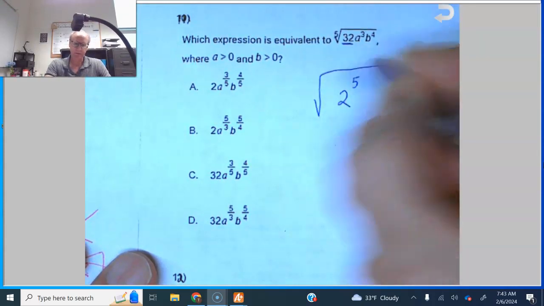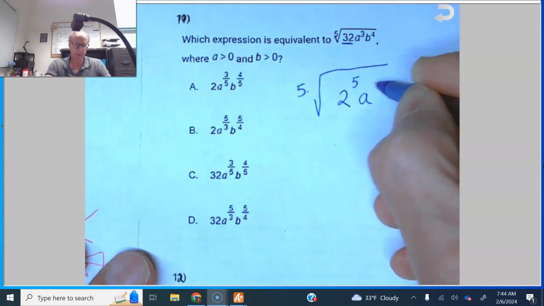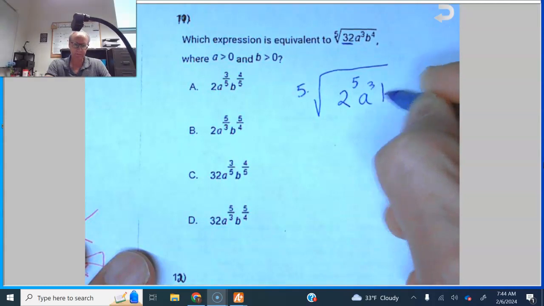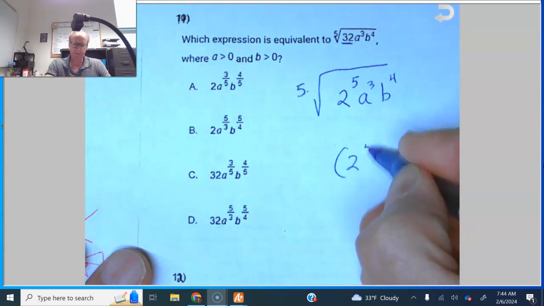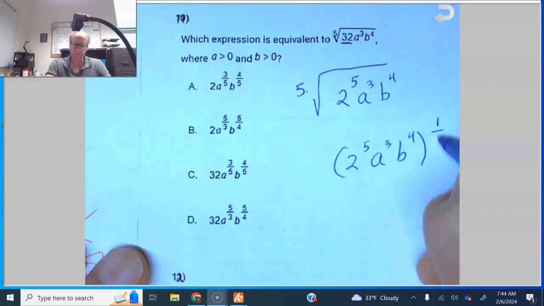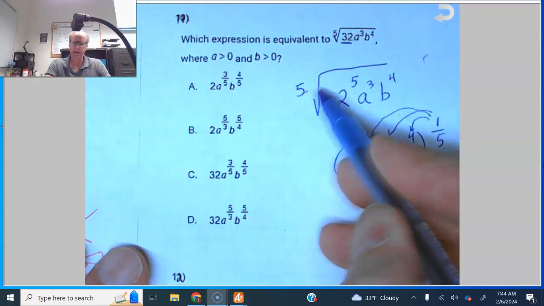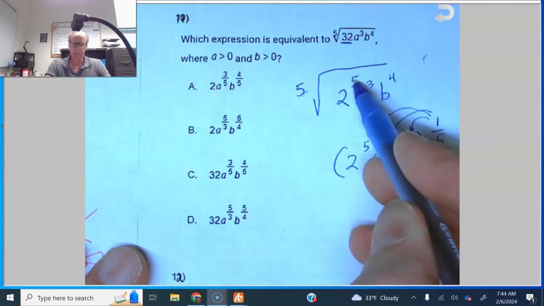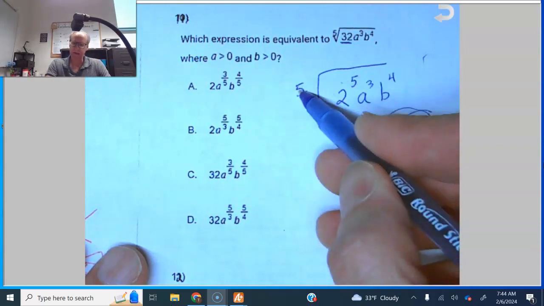This is the 5th root of a to the 3rd, b to the 4th, and this is equivalent to 2 to the 5th, a to the 3rd, b to the 4th, all to the 1/5 power. And we're multiplying exponents. In this case, we're dividing by the root. So this would be 2 to the 1st. 5 times 1/5 is 1, or 5 divided by 5 is 1.